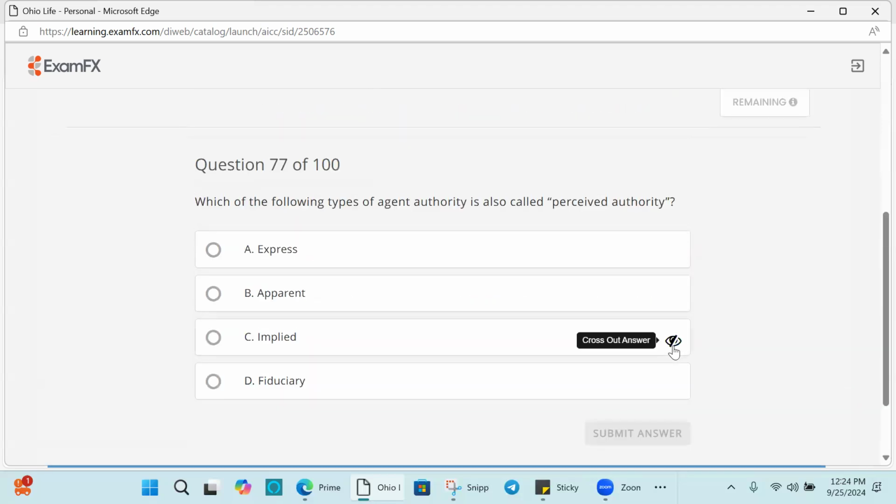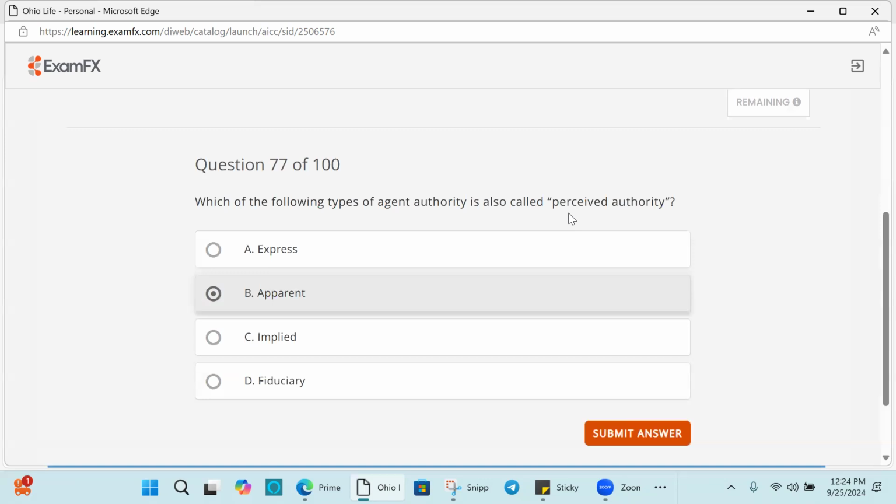Which of the following types of agent authority is also called perceived authority? Express, apparent, implied, or fiduciary? This has to be from the book. Apparent, because I don't remember it. I know, apparent authority is correct.